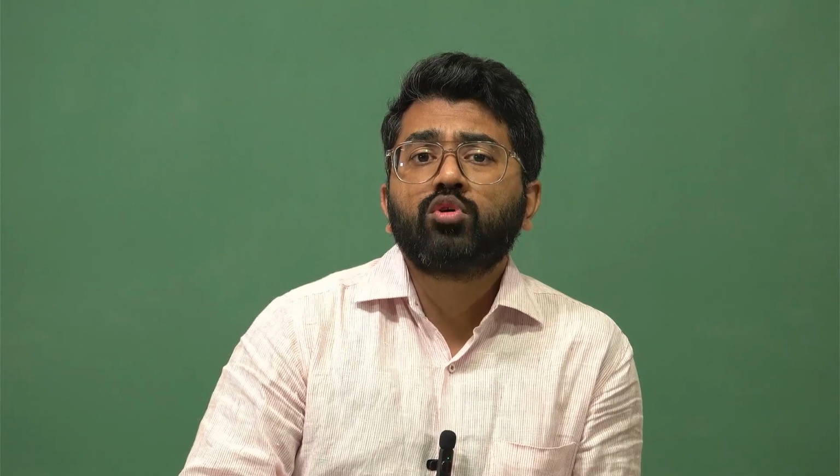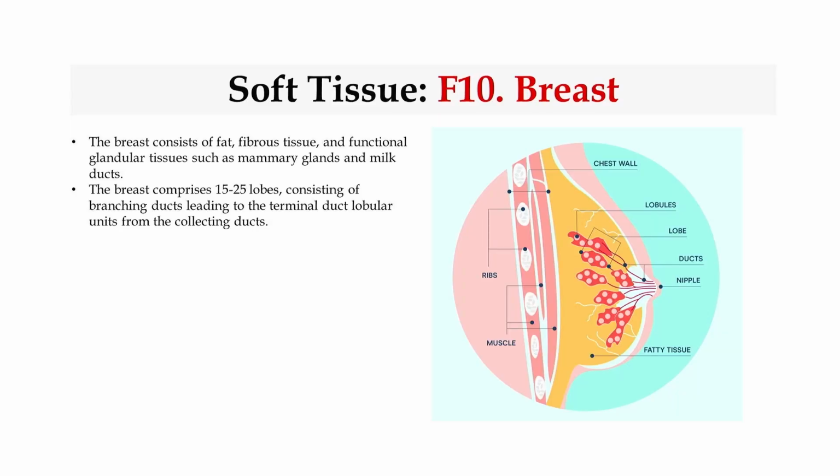There are so many cosmetic implants which are fairly popular in this region, right? The breast comprises 15 to 25 lobes consisting of branching ducts leading to the terminal duct lobular units from the collecting ducts, right? So from a soft tissue standpoint, it is distributed like this on the right figure.